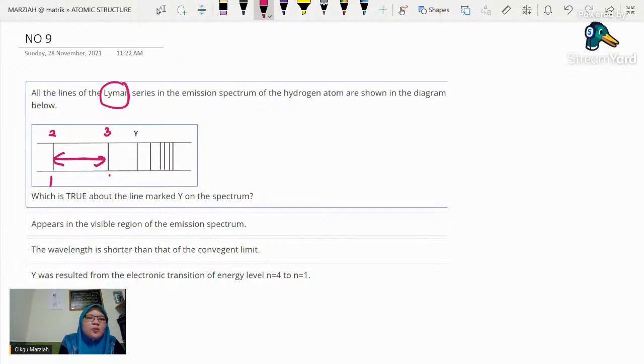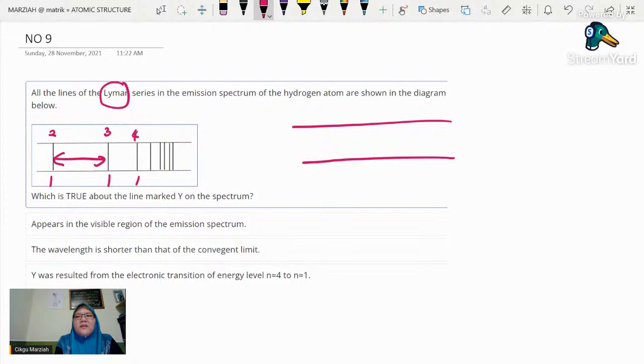This is 3 to 1. This is 4 to 1, 5 and so on. Itu cara kita nak baca. Tapi kalau dia terbalik ikut ni pun, sama je. Ini adalah 2 ke 1, 3 ke 1, 4 ke 1, 5 ke 1. Okay, dia macam tu.